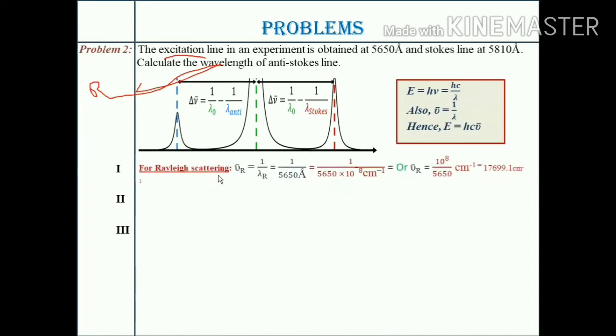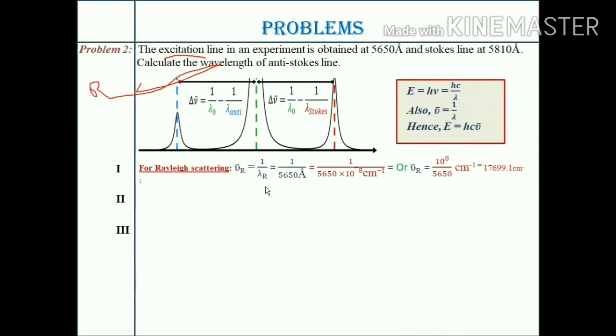For Rayleigh scattering, mu bar r, the wave number for the Rayleigh scattering, is equal to 1 over lambda, that is 1 over 5650. Remember, whenever it is said the excitation line, that means the Rayleigh scattering part is given. Why? Because that is the line which emits all the absorbed radiation. Whatever is absorbed is emitted back. So that gives us the Rayleigh scattering. So 5650 angstrom is the wavelength for the Rayleigh scattering part.